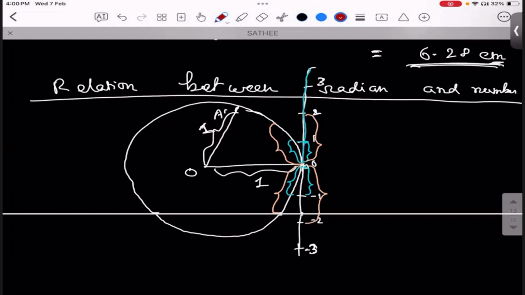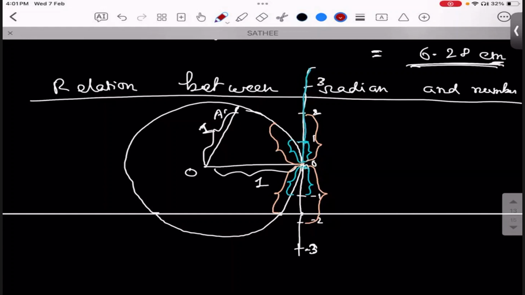So one can clearly see the natural numbers, or you can say the integers, are related to 1 radian, 2 radian, or integer radian numbers. And other real numbers too, every real number is related to some radian number.